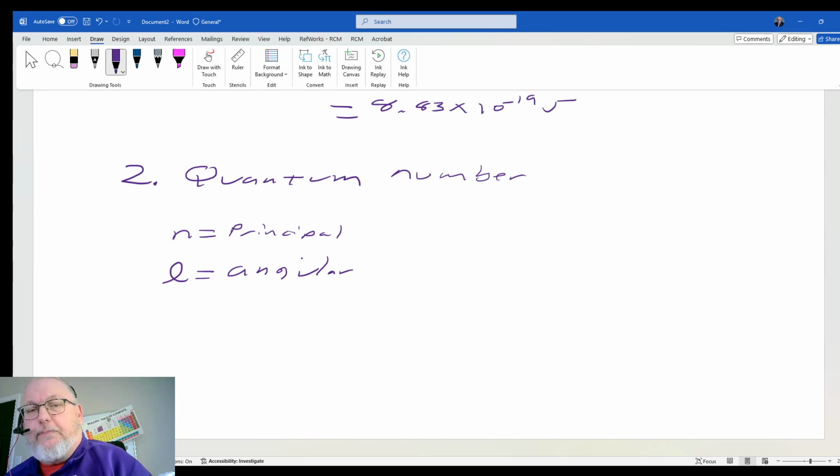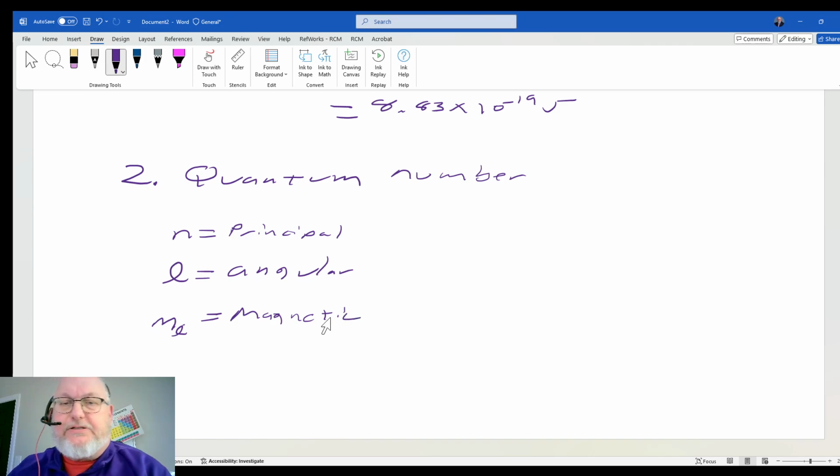The next quantum number is the ML number, and that is the magnetic number. I don't know why they call it magnetic. I'm not a physicist. Okay, and that's the orientation in space. Okay, the magnetic orientation number. Think about it like that.